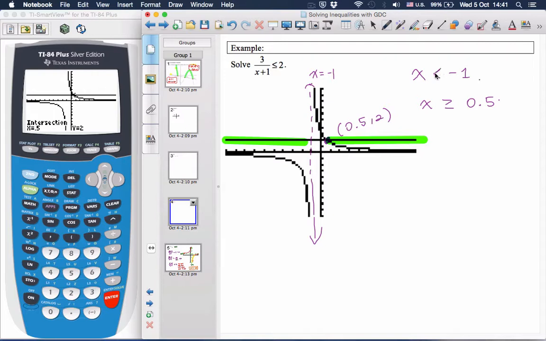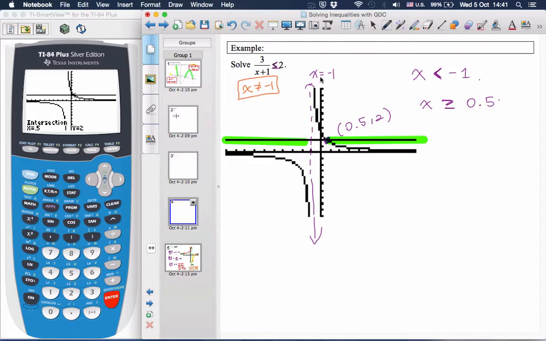Now, you might be wondering, okay, why is this one over here less than, but this one is greater than or equal to? You are not being consistent. Well, first, let's think about the domain of this function. The domain of this is x is not equal to -1. So x equals -1 is not in this domain.